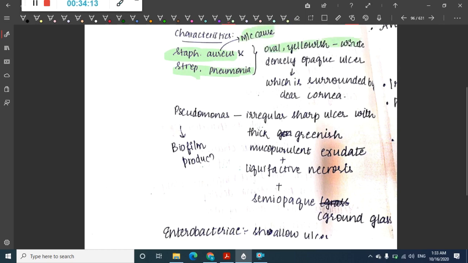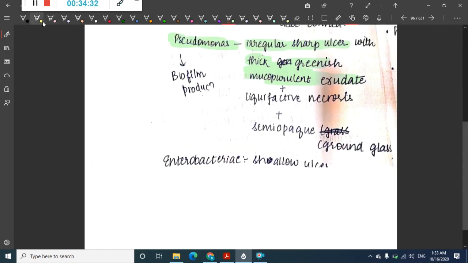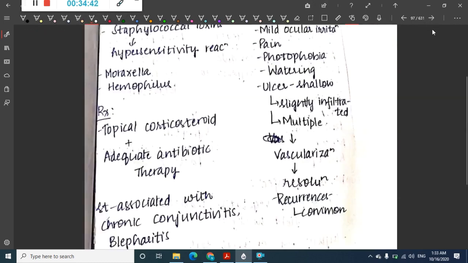Whereas in Pseudomonas you see an irregular sharp ulcer with greenish mucopurulent exudate. This is important about Pseudomonas, where you see an irregular sharp ulcer with thick green mucopurulent exudate.